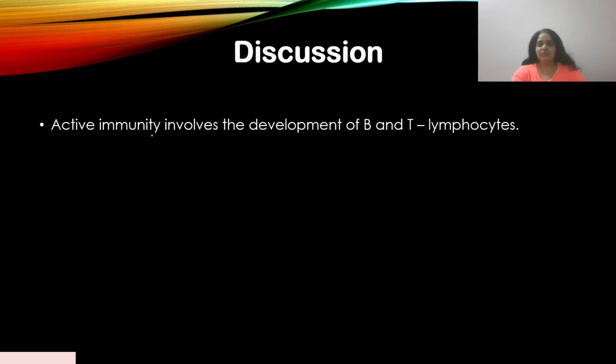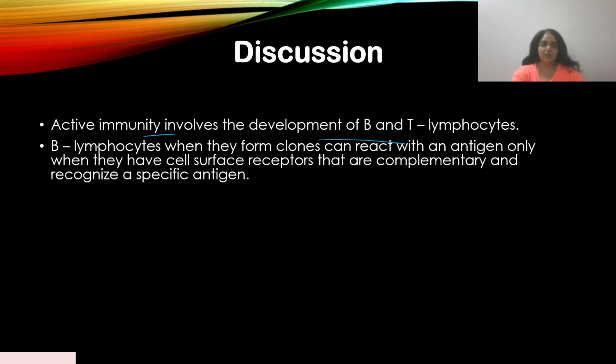So active immunity involves the development of B and T lymphocytes. Yes, that's correct. The development of B and T lymphocytes forms a part of acquired immunity.